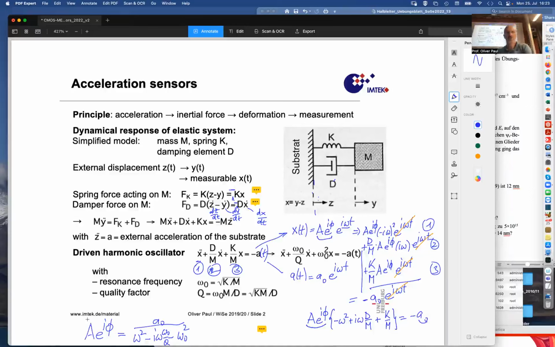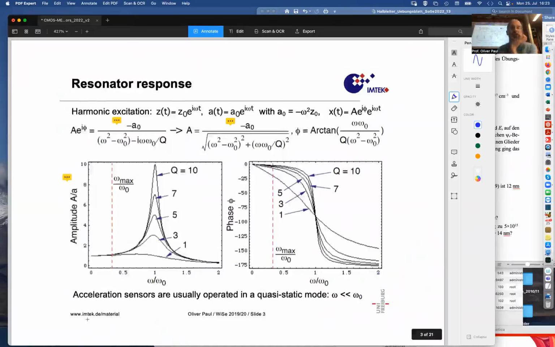So this is a strong function of frequency, and we can look at this function of frequency on the side. Here I have A over A0 in this plot. And these are the resonance curves that you know from such oscillating systems with springs and dampers.